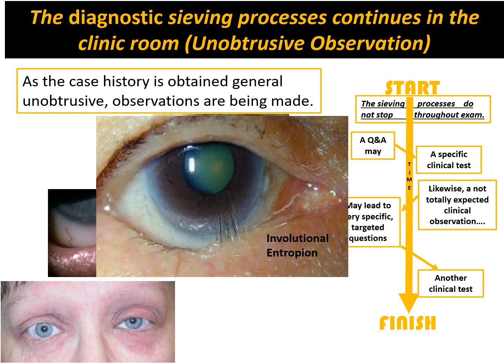This is involutional entropion, and it will quickly pop out. And if you're not really observant, you'll miss this. The probable cause of the patient's reason for seeking your advice has just been identified. Clearly, you need to do more tests to assess everything, but basically your diagnosis is made and the outcome would be referral for lid surgery.